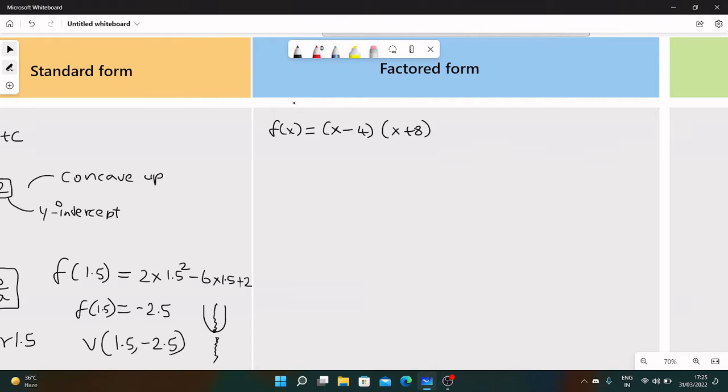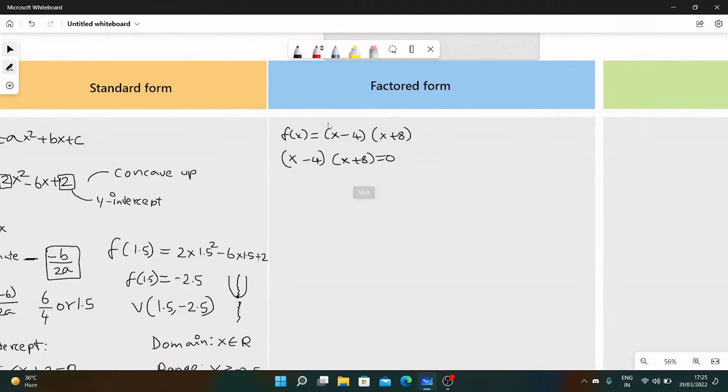To find the intercepts, first let's start finding the x-intercept. So let's just say x minus 4, x plus 8 equal to 0, because we have to equate it to 0.